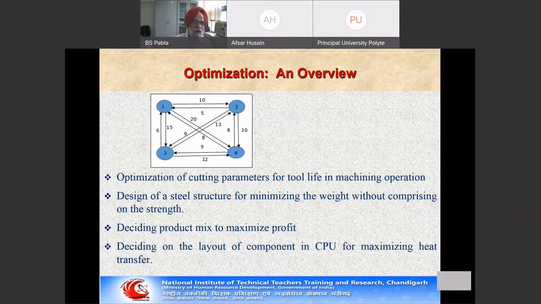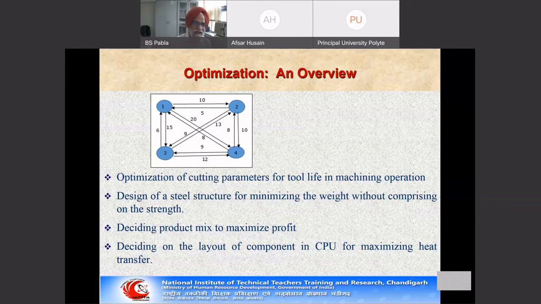You see, here I can do it manually. I can do permutation and combination that okay, I go to first, second, third, fourth, or I'll go to first, third, fourth, second, or I'll go to first, fourth, 3, 2. Whatever combinations are possible, I can manually calculate and find out what is the cost involved.